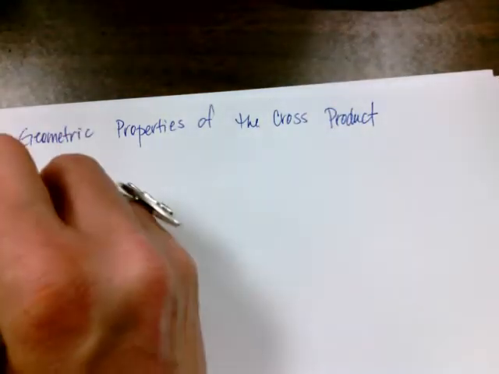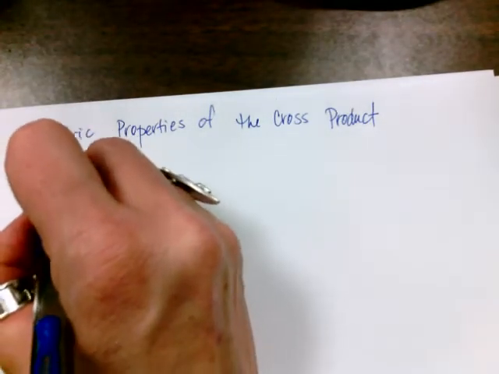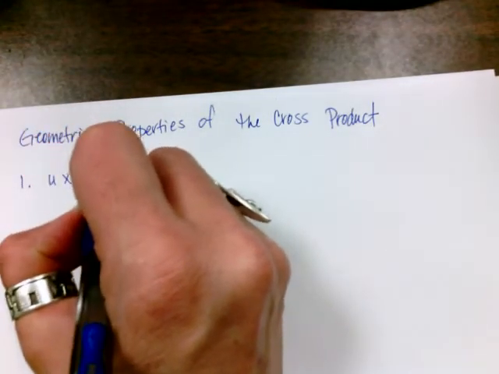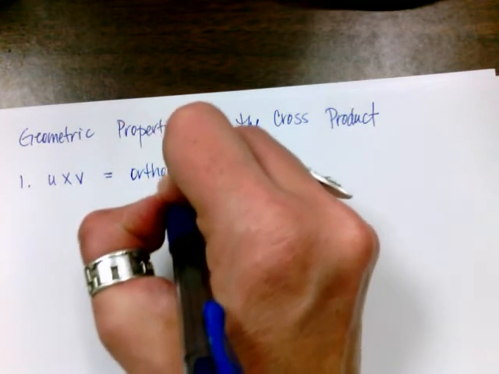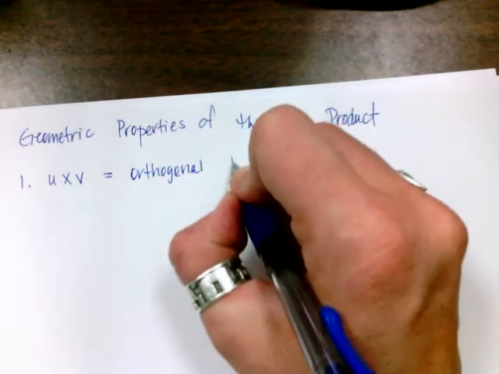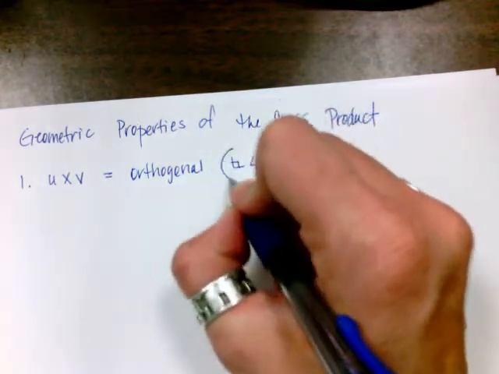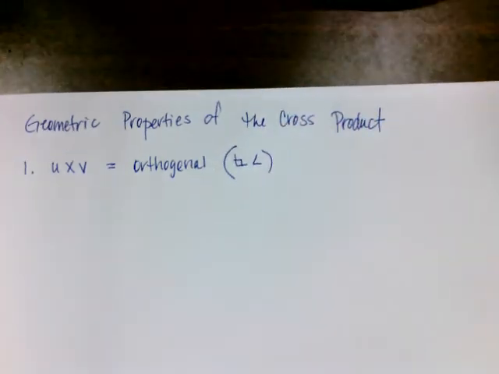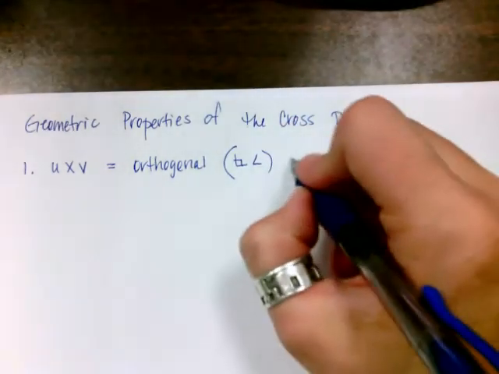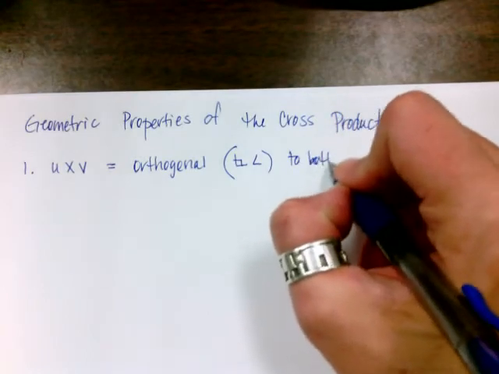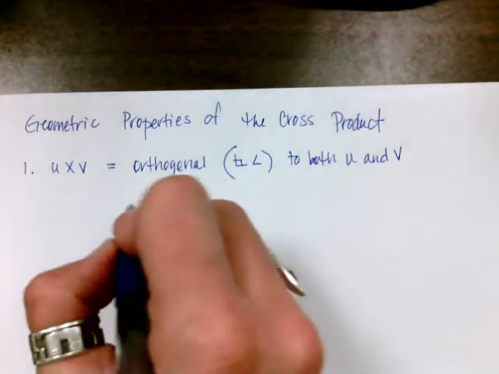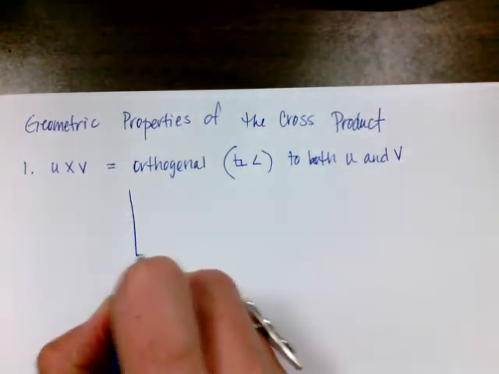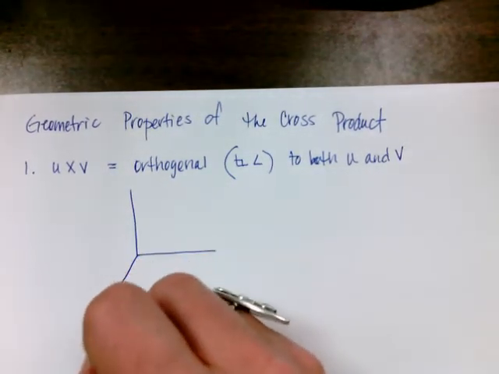Okay, number one, if I have U cross V, that means that it is orthogonal, which means they are at right angles. I'm just going to stick in my little geometry hieroglyphics to both U and V. So let's have a little picture. Think about our three-dimensional coordinate system.